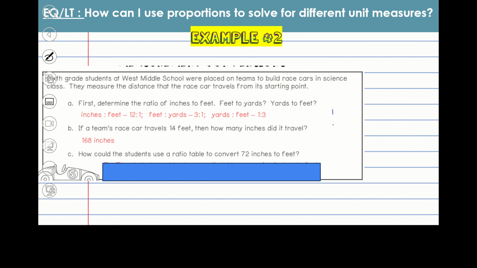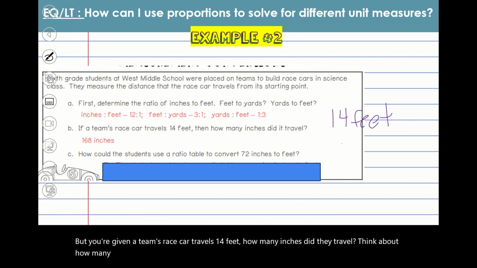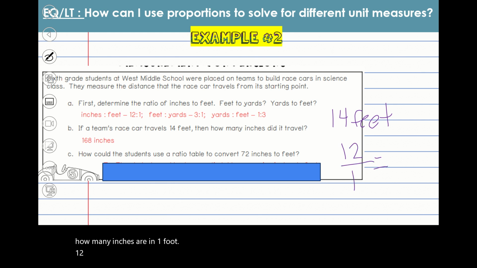You have 14 feet that you're given. A team's race car travels 14 feet. How many inches did they travel? Think about how many inches are in 1 foot. 12 inches in 1 foot equals how many inches?